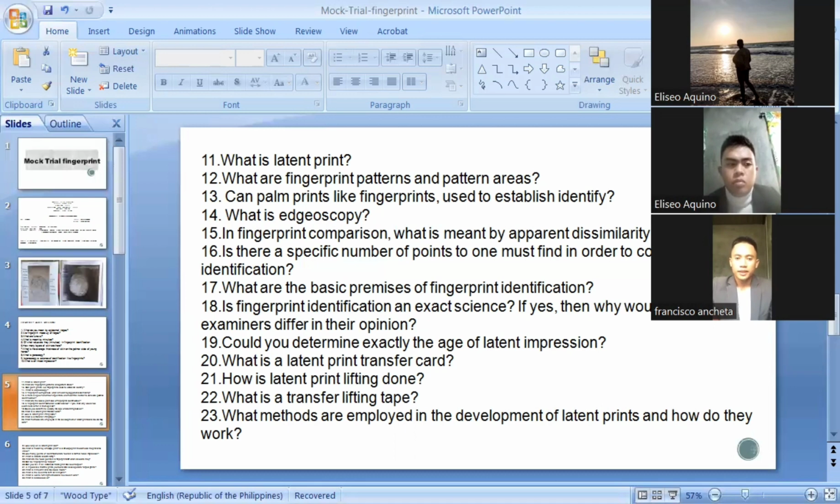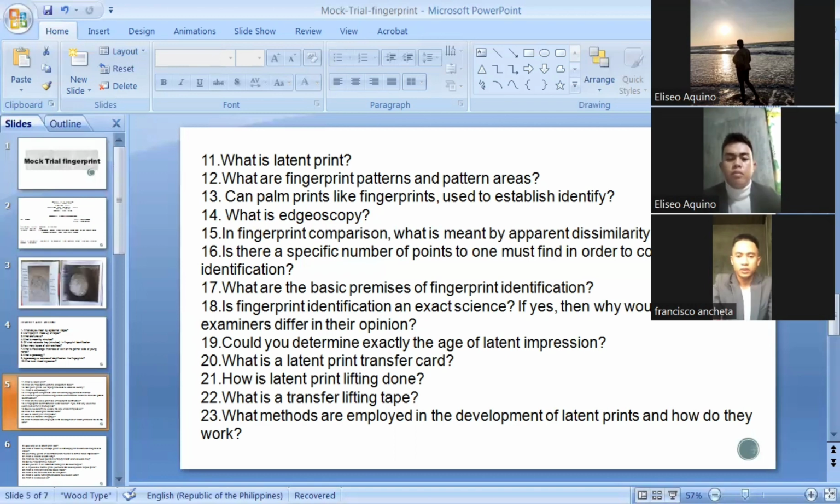It is a double-sided, pressure-sensitive adhesive that contains a removable paper liner, used to join two substrates. Next is, what methods are employed in the development of latent prints and how do they work? Methods of developing latent prints are dusting, iodine fuming, silver nitrate development, and ninhydrin treatment.